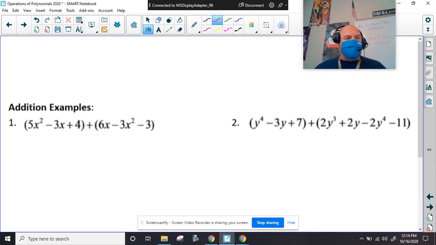If we look at example 1, when we're doing this, we need to have them in standard form, highest exponent to smallest exponent. So I'm going to find all my x squareds first. Some people have to rewrite it like this, and I'll do this for a couple of them.